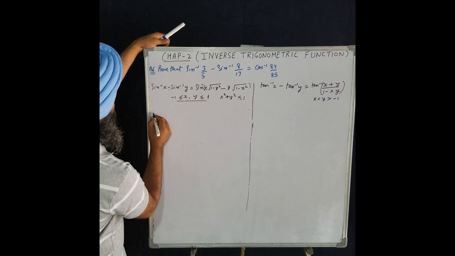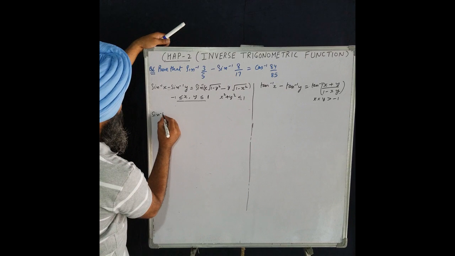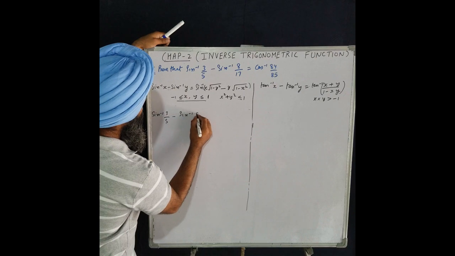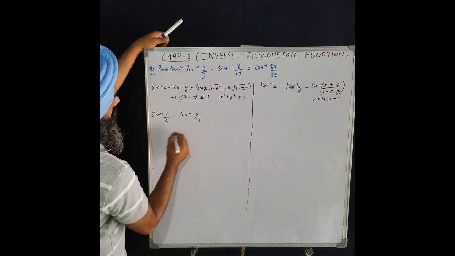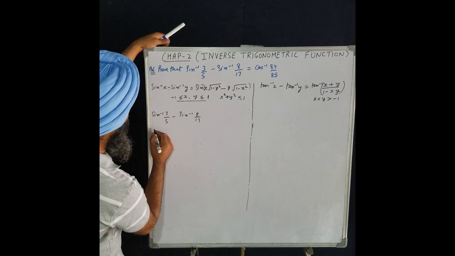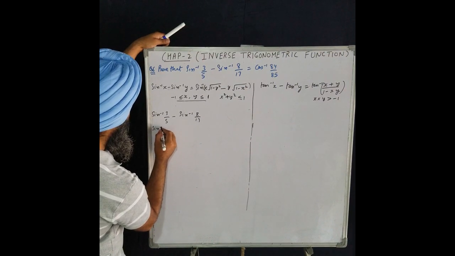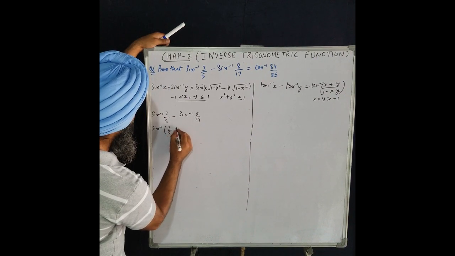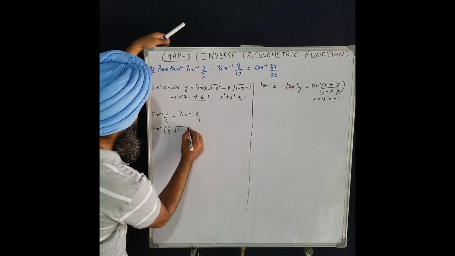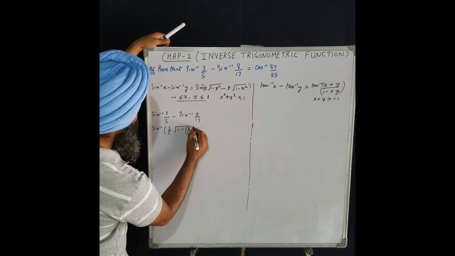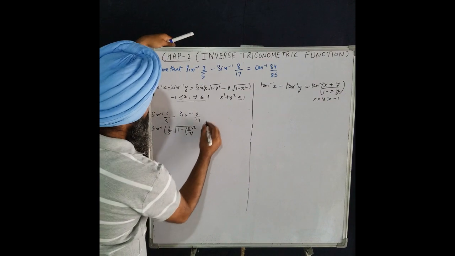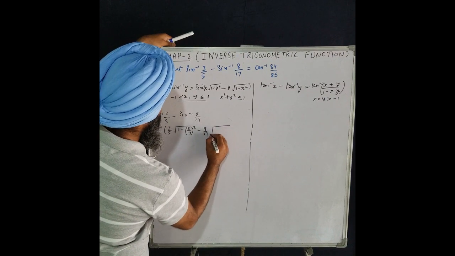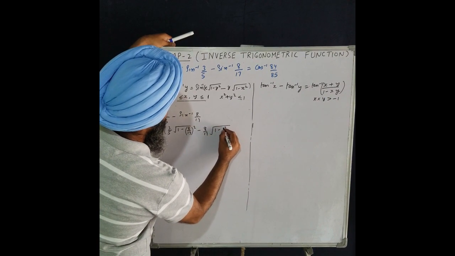It comes out to be sin inverse 3/5 beta minus sine inverse 8/17. Okay, next if we apply the formula, it comes out to be sine inverse 3/5 square root of 1 minus 8/17 square, okay, minus 8/17 square root of 1 minus 3/5 square.